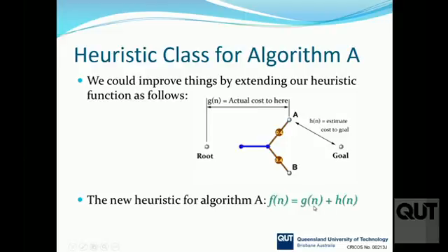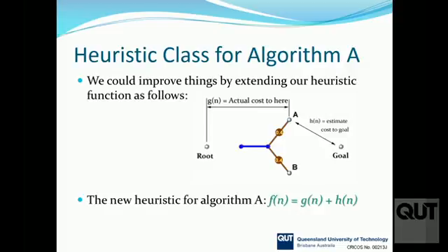And this is really where this kind of heuristic becomes useful, because we're also keeping a record of the actual cost to get to a certain node. What we're trying to do here for algorithm A is get an algorithm that takes the best of both worlds. It takes the best of the depth-first world and also tries to take the best of the breadth-first approach.